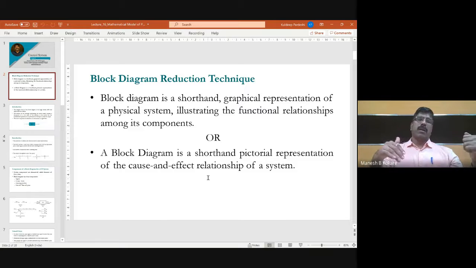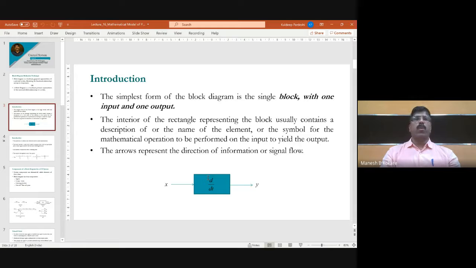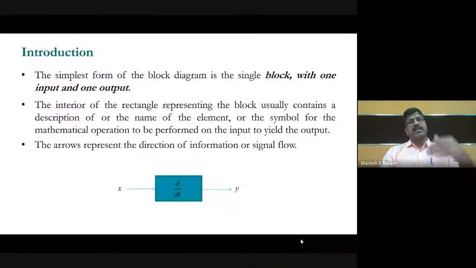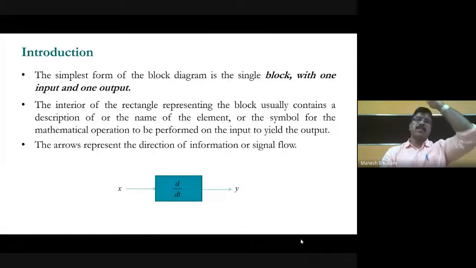And there will be one input and one output. Here you can see the simplest form of block diagram. You have input X and your output is Y, and inside this block a mathematical operation is given, or some function or some element.